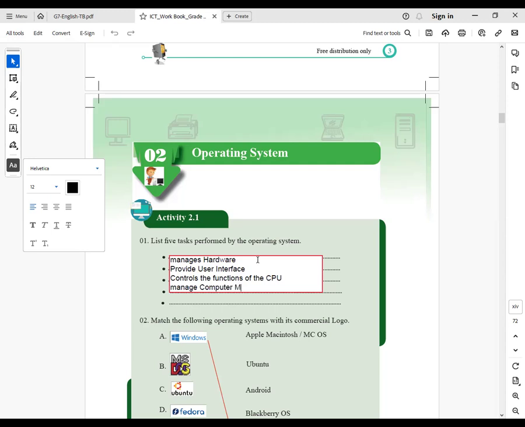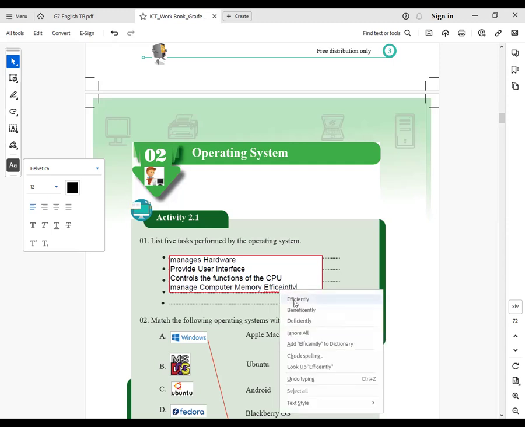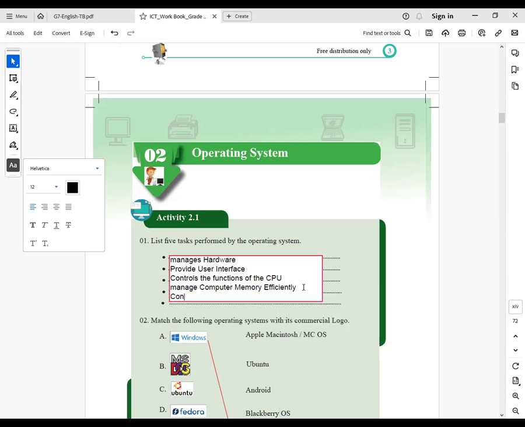Controls the activities related to storage devices. Okay. What else?